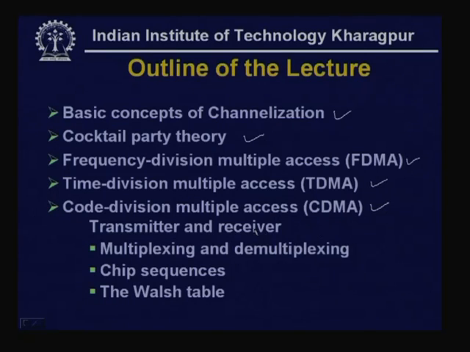And this CDMA is very complex, and we shall discuss how it is used, and particularly different aspects of it, like the transmitter and receiver, how the multiplexing and demultiplexing is done, then how the chip sequences used in CDMA are generated with the help of the Walsh table.